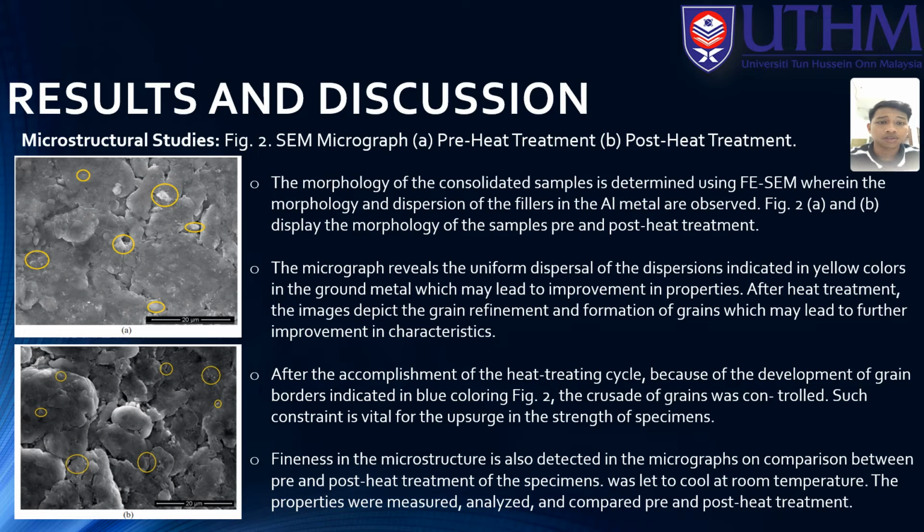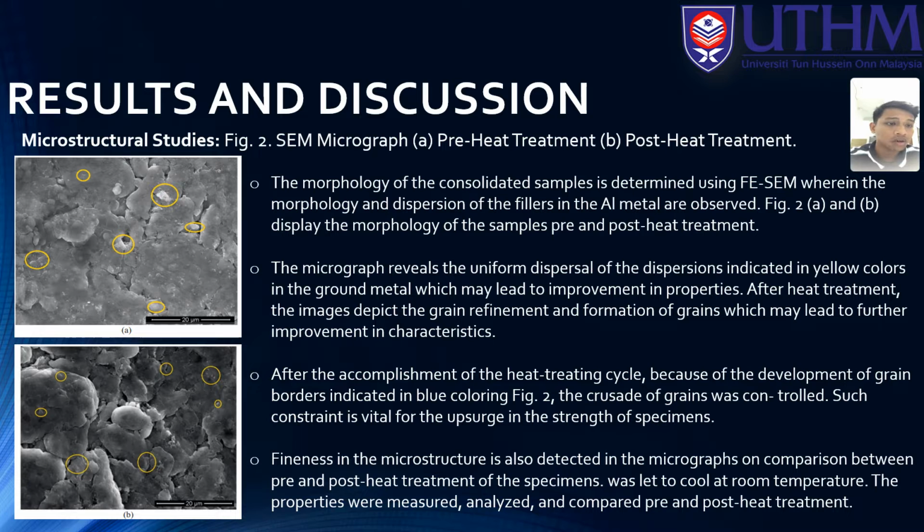In Figure 2, A and B display the morphology of the sample pre and post heat treatment. We can see the diagram of the picture is before and after heating.